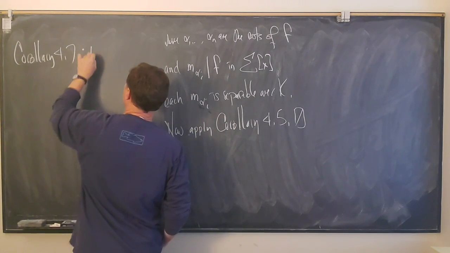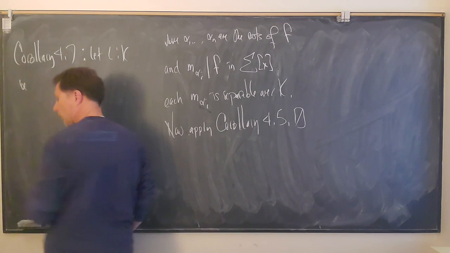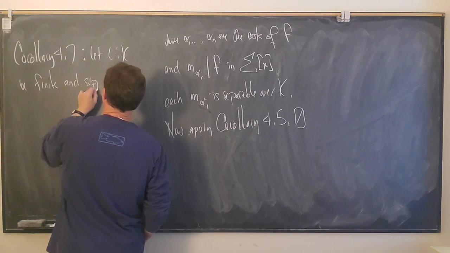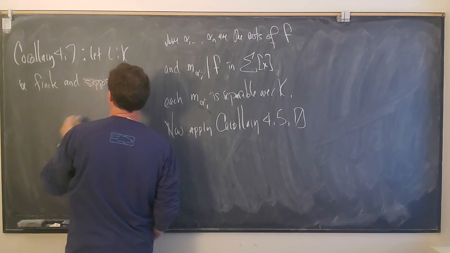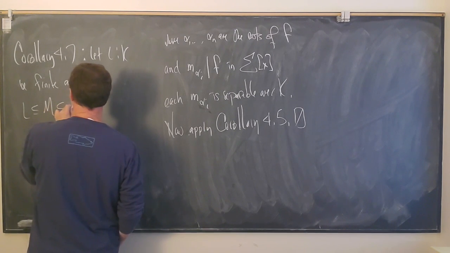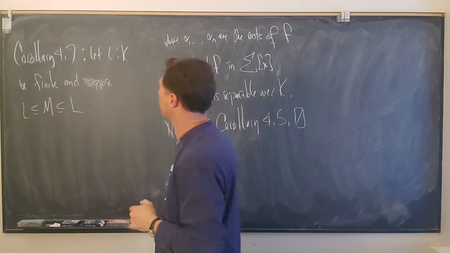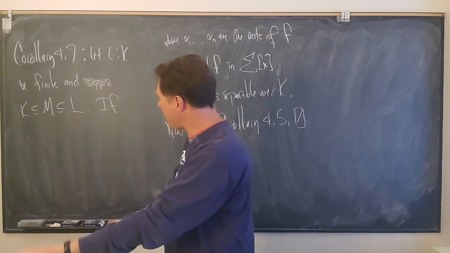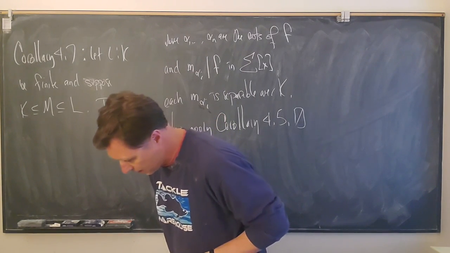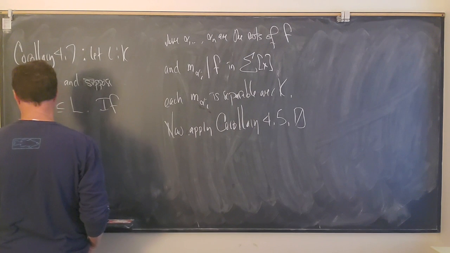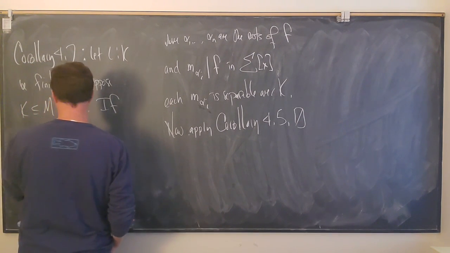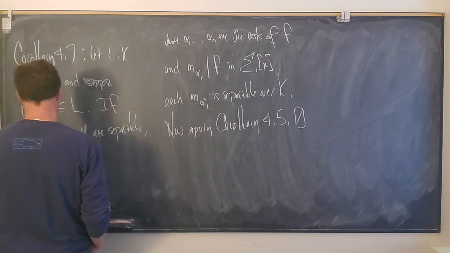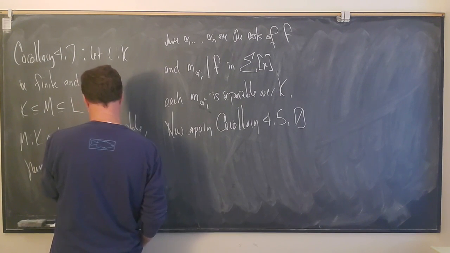So let's let L over K be a finite extension, and suppose that we have some field in between, so some M in between K and L. Now, if M over K and L over M are separable, then L over K is separable.